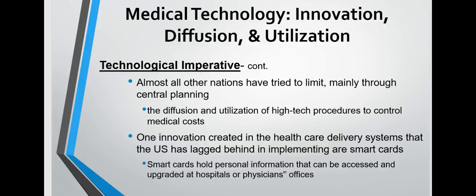One innovation created in healthcare delivery systems that the U.S. has lagged behind in implementing is smart cards, which is really a great medical technology. A smart card holds personal information that can be accessed and upgraded at hospitals or physician offices.